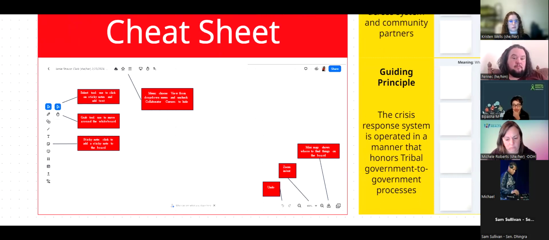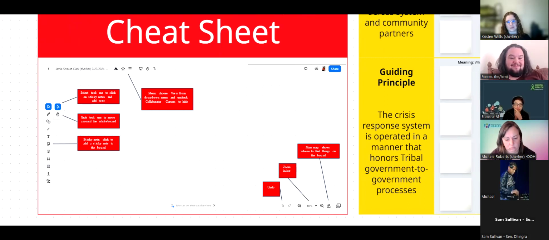And then a little further down, there's what looks like a sticky note or a little sheet of paper. We have a bunch of sticky notes over here in the yellow area. But if we run out of sticky notes, you can click this button and add a new sticky note, and you can pick whatever color.